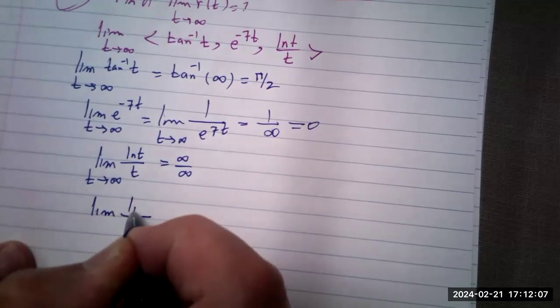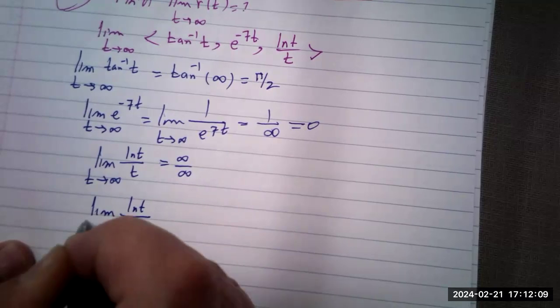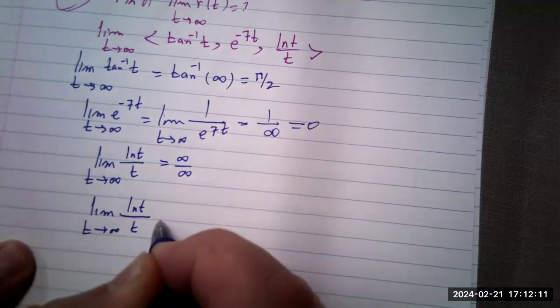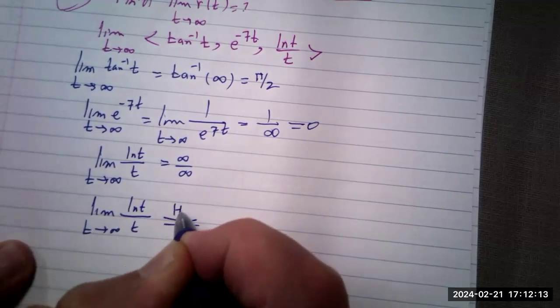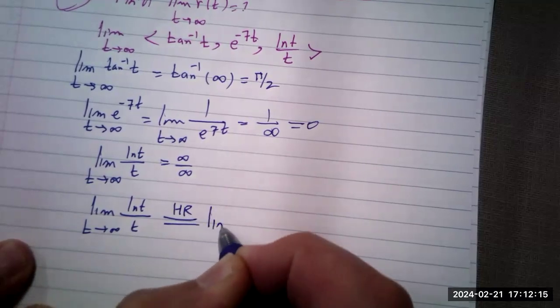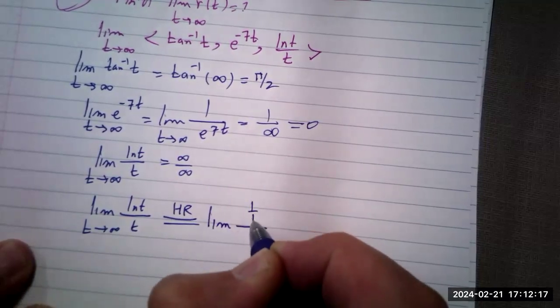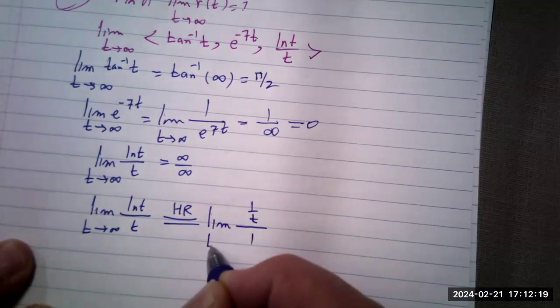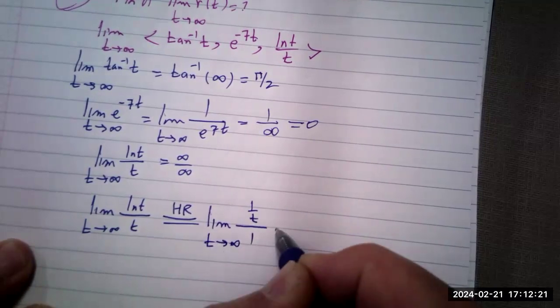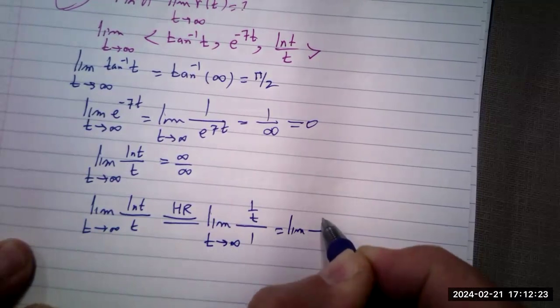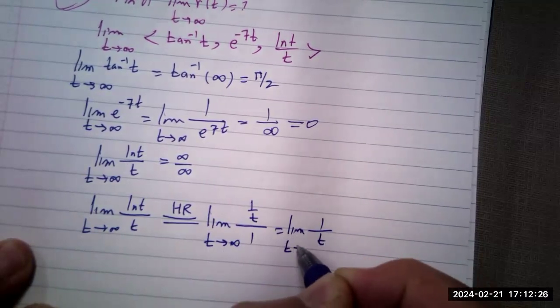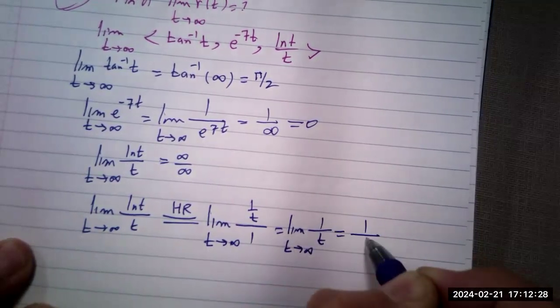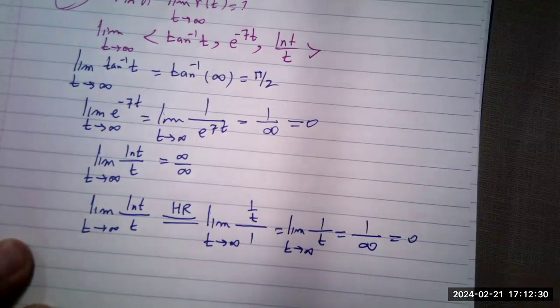The limit of ln t over t, t goes to infinity. So we go with the L'Hopital rule. We differentiate: limit of 1 over t, over 1, t goes to infinity. So that gives a limit of 1 over t, t goes to infinity. Again, 1 over infinity, which is 0. That's it.